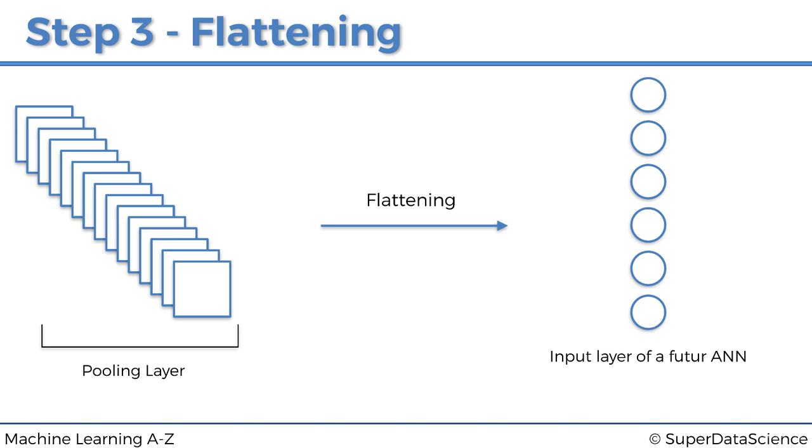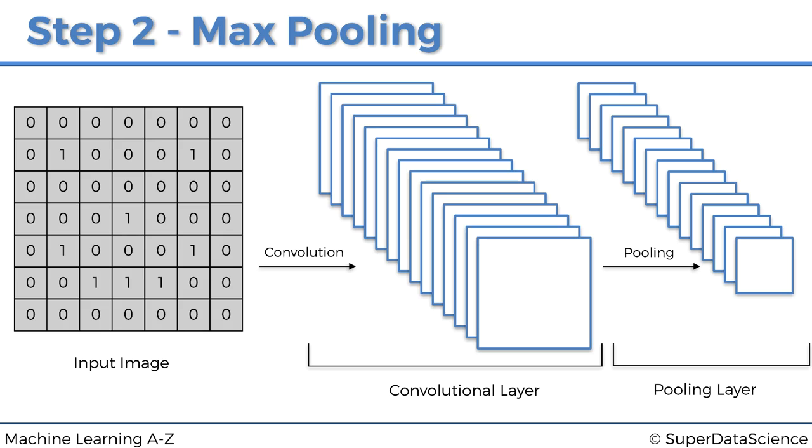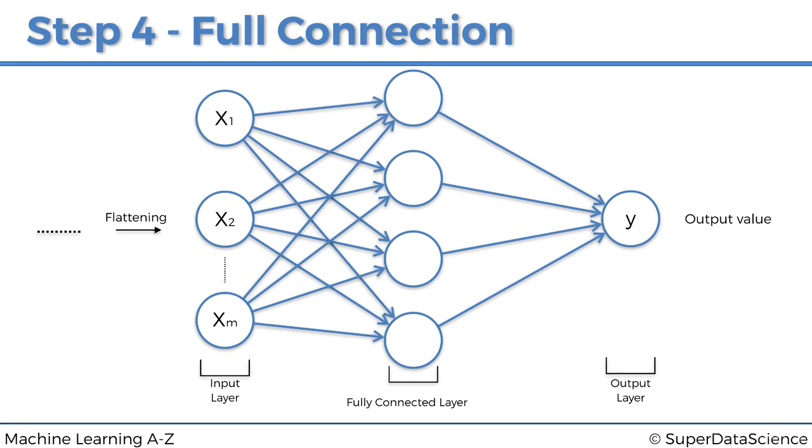So if we don't reduce the size of these feature maps, we'll get a too large vector and then we'll get too many nodes in the fully connected layers, and therefore our model will be highly compute intensive. And we want to avoid this, so we're applying this max pooling step to reduce the size of our feature maps and therefore reduce the number of nodes in the future fully connected layers. And that way this will reduce the complexity and the time execution, but without losing the performance.